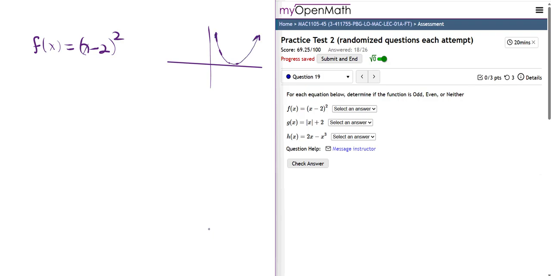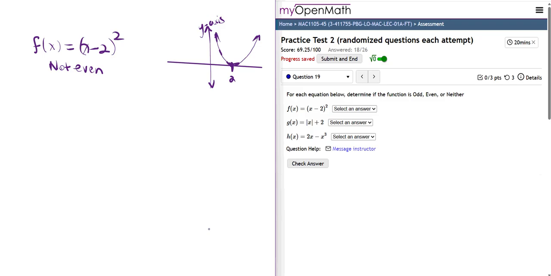So that's one where the vertex is on the x-axis at 2. Now just looking at that, if I were to fold along the y-axis, I would not have symmetry. I don't have symmetry across that line. So this one is not even, just thinking about it that way.